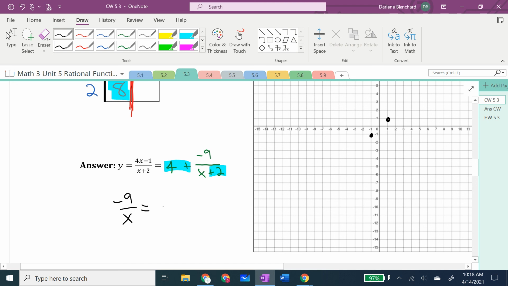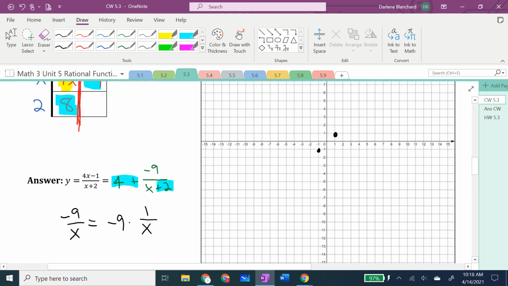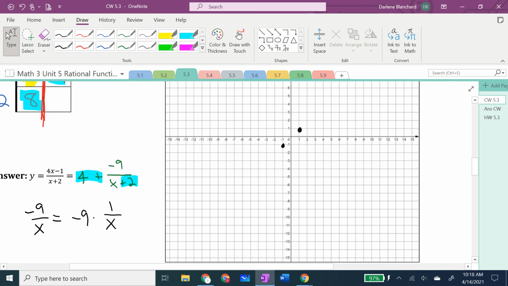And realize that that is the same thing as 1 over x being multiplied by -9. So that means that the y value 1 needs to be multiplied by -9.